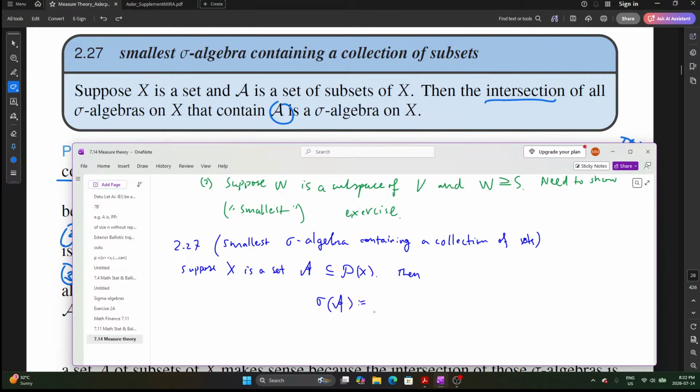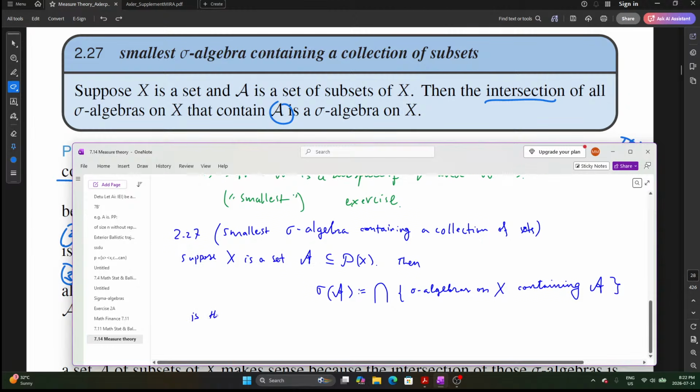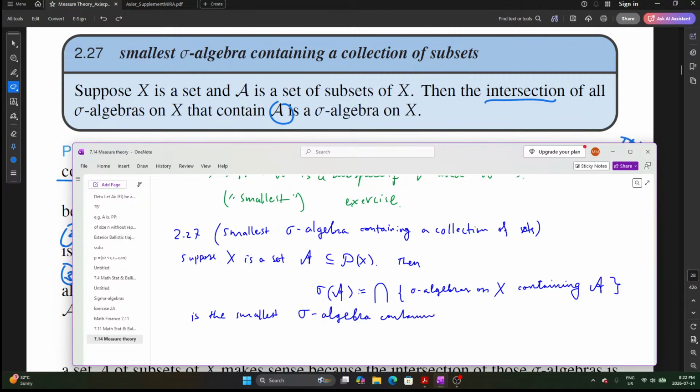Basically, this is defined as the intersection of all sigma algebras on X containing A. This is the smallest sigma algebra containing A. That's the proposition.